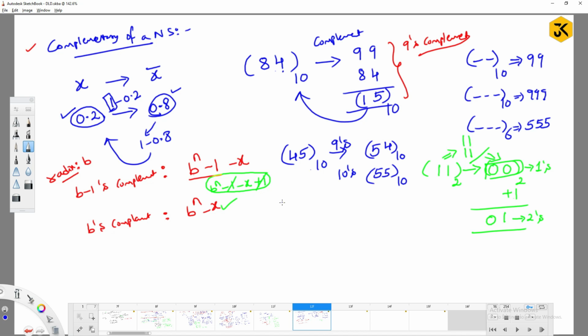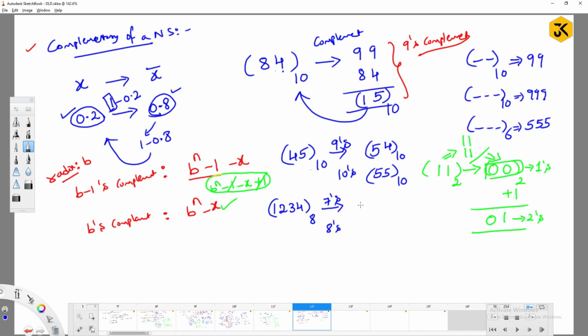For example, I have a number like 1 2 3 4 base 8. Since it's base 8, two kinds of complements are possible: the 7's complement and the 8's complement. What is the 7's complement value? You have to subtract from the maximum possible value, which is 8 power 4 minus 1.